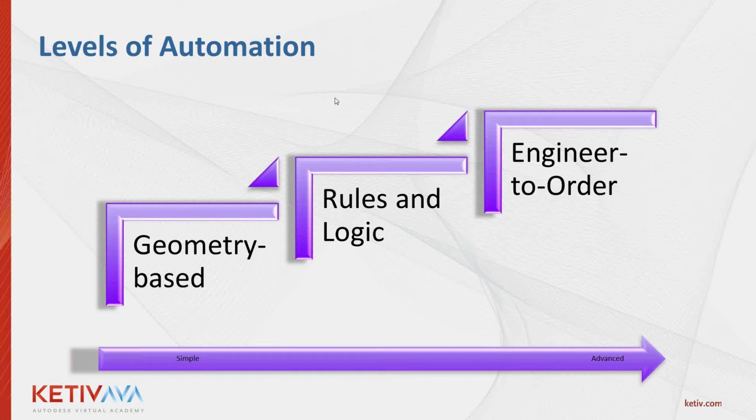Then moving up the ladder, you get to rules and logic, and that's where you're able to put rules-driven logic into your designs. And that's where iLogic sits. And then there's a step above that, which is engineer to order. And this is about providing automation across the entire enterprise.